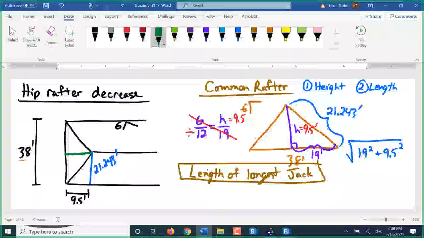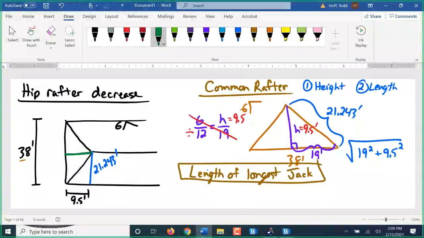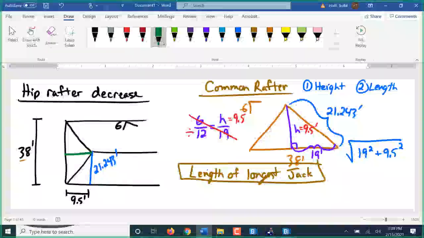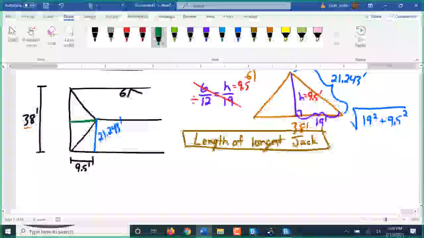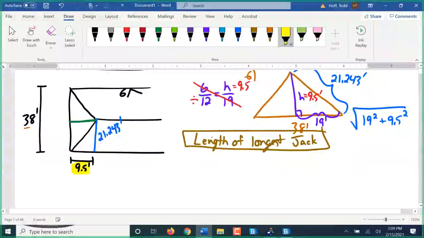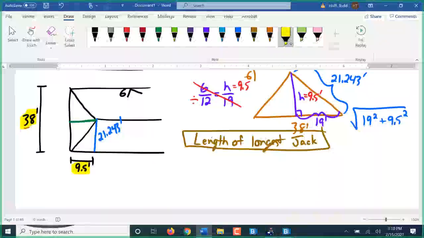If the slopes are the same, what do I know about the length of the longest jack? Same as the length of the common. Here, how do I know that the slopes are different? Now, the setback is not half of the span. Half of 38 would be 19. If the slopes were the same, this setback would have to be 19. It's not. So I know the slopes are different.